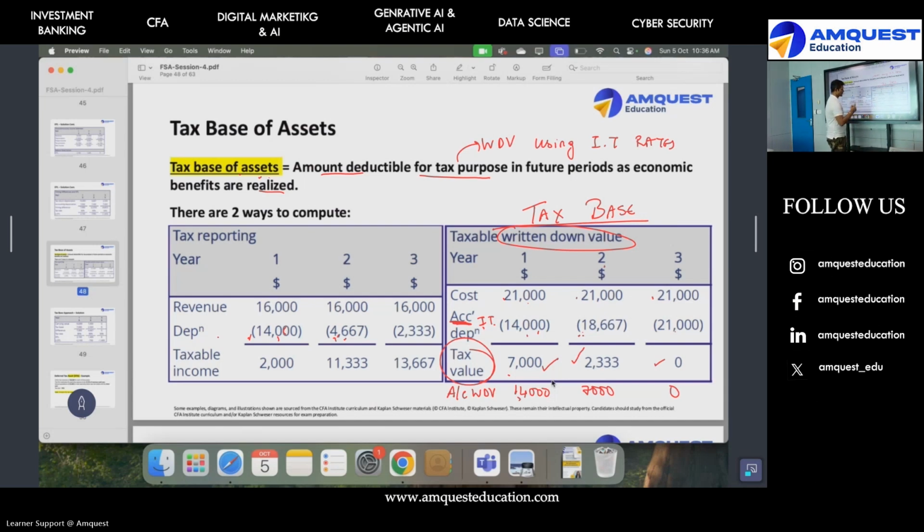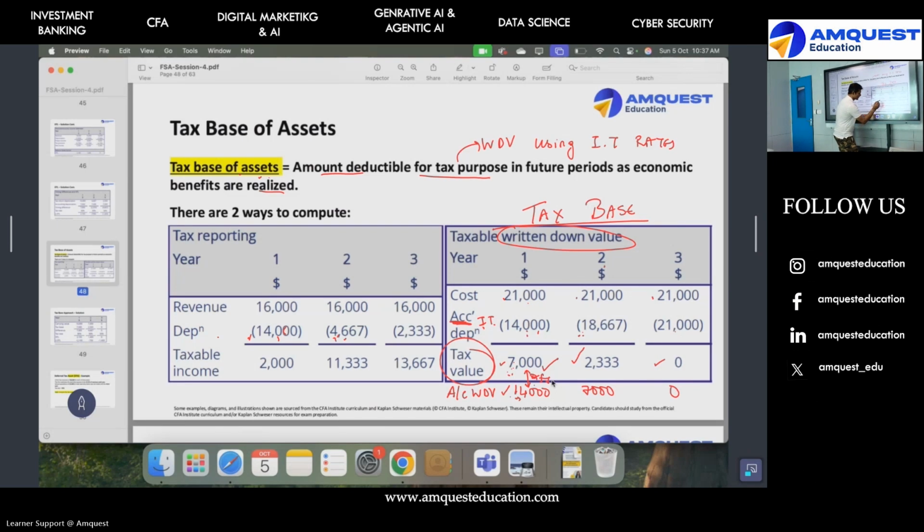Now, what this slide is trying to show is very interesting. If I tell you that tax base is this and accounting base is this, what is the difference between these two values on account of? The difference in the two values is 7. What is it on account of? It's on account of depreciation charged.